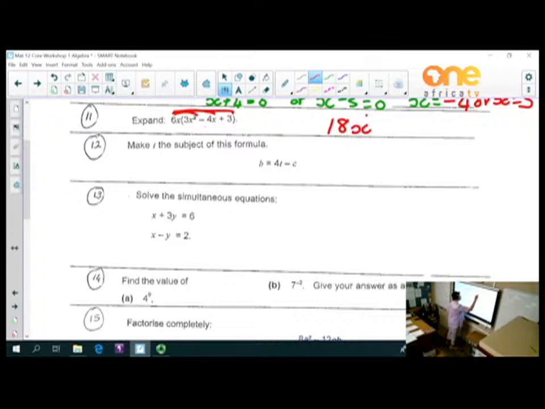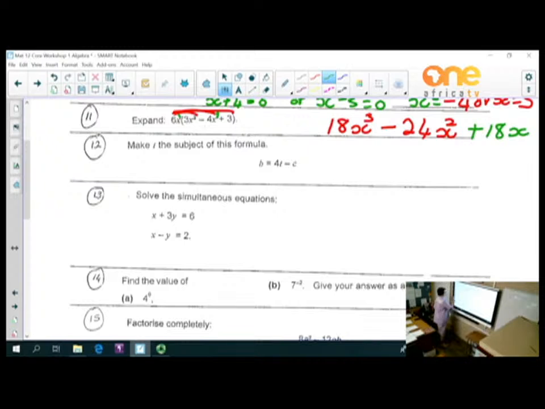So it is x to the power of 3. The second one, positive times a negative is a negative. 6 times 4 is 24. Add the indices, and it is x squared. Remember, if there's nothing, there's a 1. And then the last one is plus 18x. Expand.